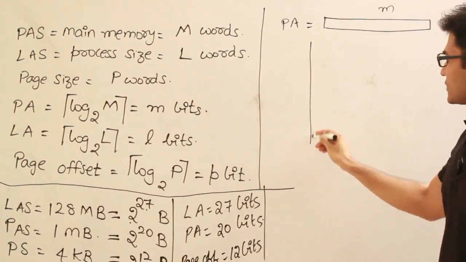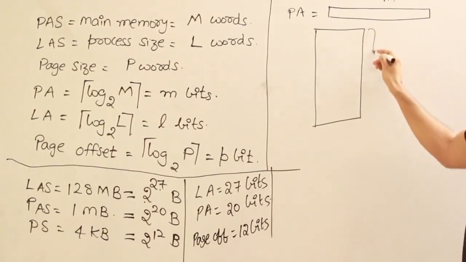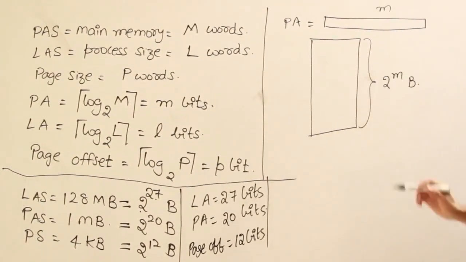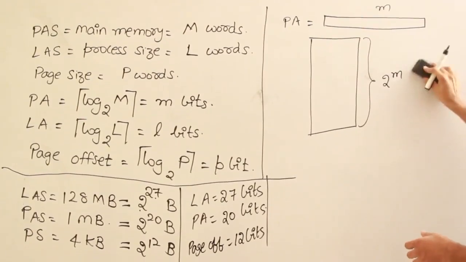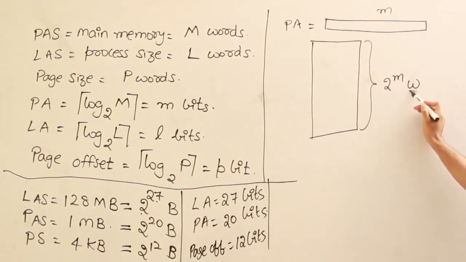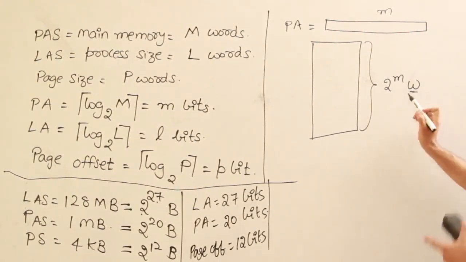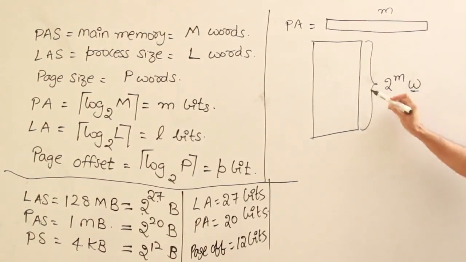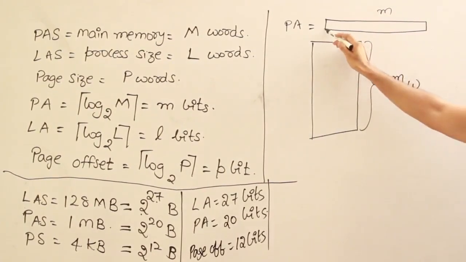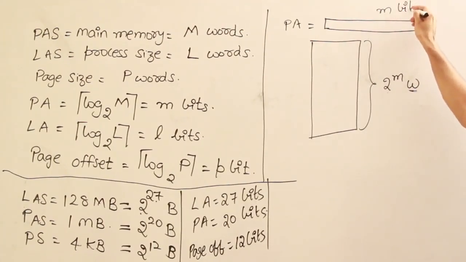Because the size of the physical address space, this entire size, is actually 2 power m bytes, or 2 power m words. So don't get confused. Words are the ones we are worried about, and even if the question is given in bytes, we are going to convert it into words. So if the total physical address space is 2 power m words, then the physical address is going to be small m bits, right?